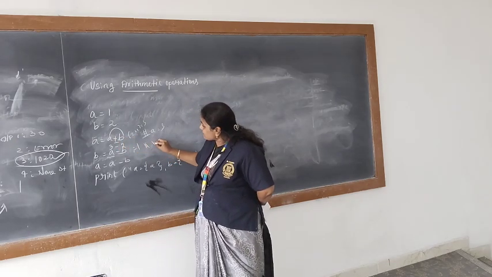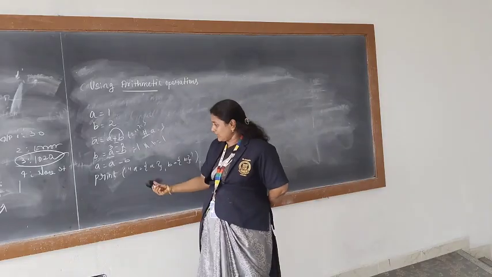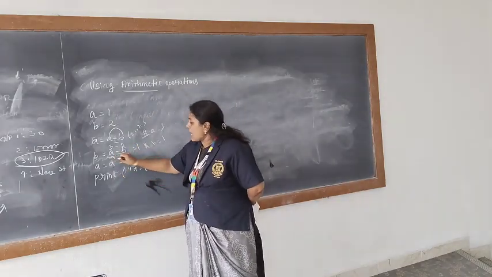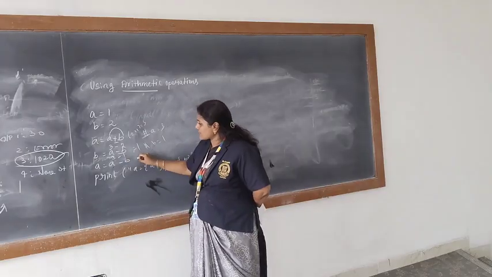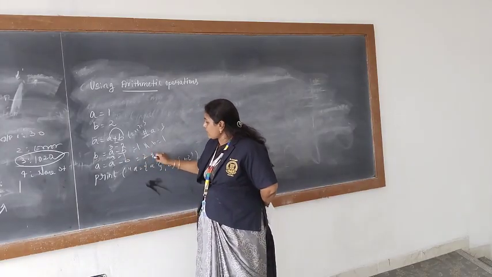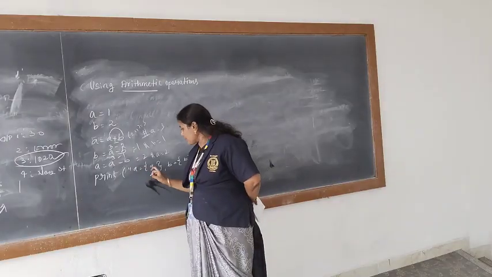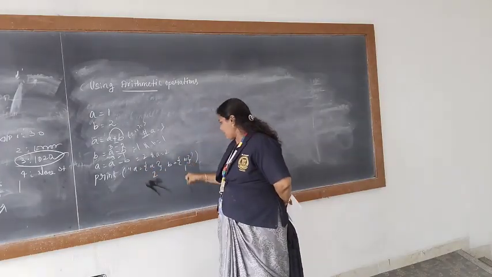Now the B value is 1. Now A minus B: the A value is 3 and the B value is 1, so 3 minus 1 is 2. Now the A value is 2. Clear? So now the output should be A is 2 and B is 1.